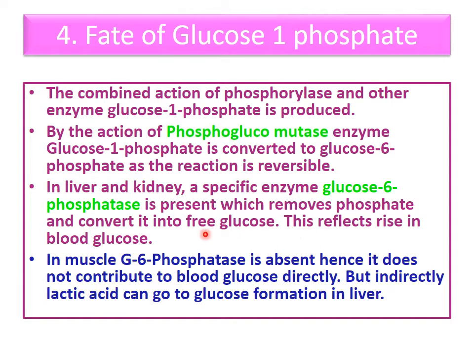This reflects a rise in blood glucose. So only liver is responsible for this rise in blood sugar. Muscle cannot participate in the increase in blood sugar level. In muscle this enzyme is absent, hence it does not contribute to blood glucose directly, but indirectly in the form of lactic acid. This lactic acid is converted into glucose in liver, and in this way it increases glucose indirectly.